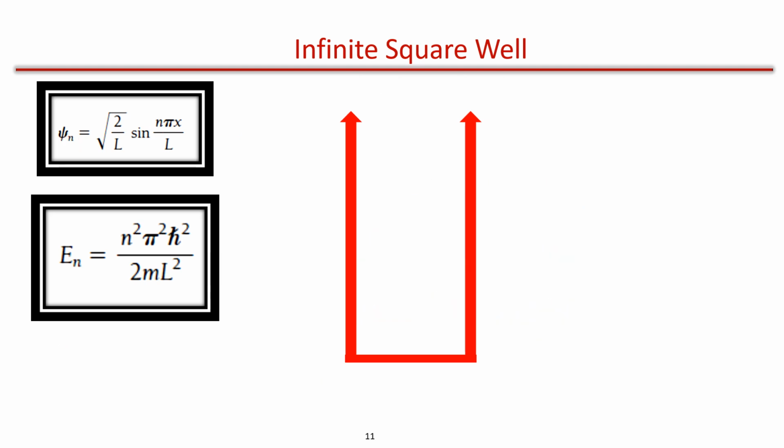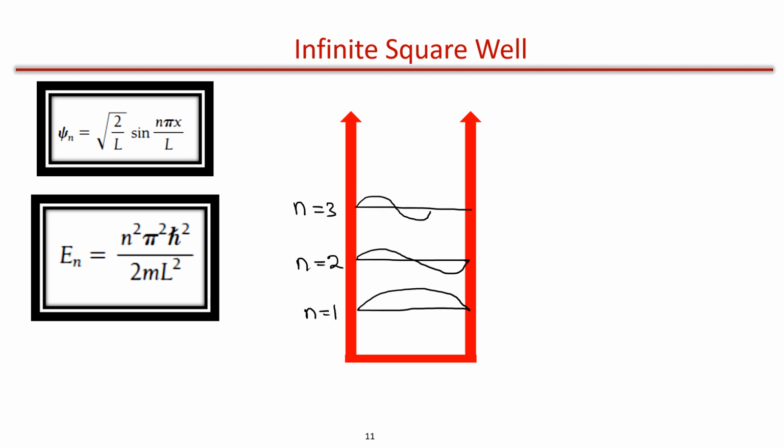Again, we have seen that for n is equal to 1, the wave function looks like this. For n is equal to 2, the wave function looks like this. For n is equal to 3, the wave function looks like this. This is x is equal to 0, x is equal to L, and this is x is equal to L by 2, that is the center of the well.